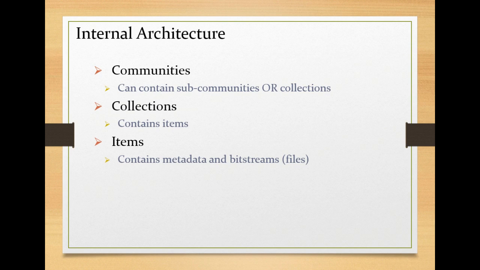Then I can create sub communities with the names of departments, for example physics, chemistry, like that, the department names. And inside the sub community, I can create the collection names, like in physics, PhD, MTech, or MSc, BSc. So you might get that I'm just defining the structure.